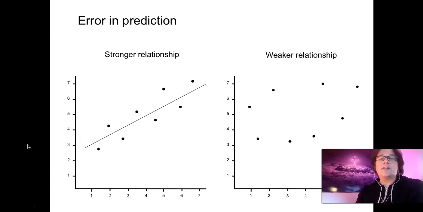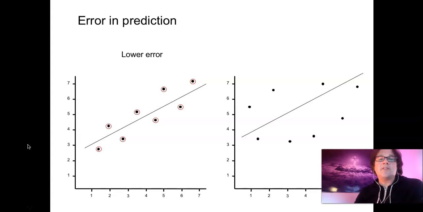So let's say we had just one line to represent all of the data in there, the line of best fit, right? We would have lower error in this stronger relationship, because if we take a look at each of these data points and how far away they are from the line of best fit, remember the line of best fit says ideally in a perfect world all your data is going to line up on this one line, right?